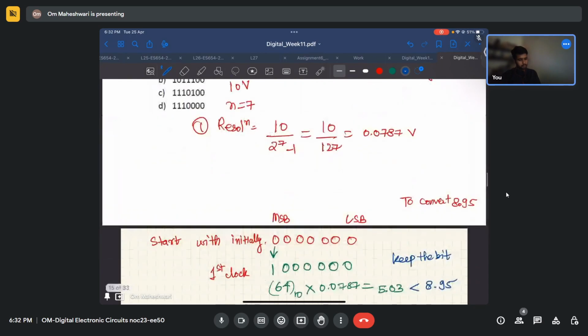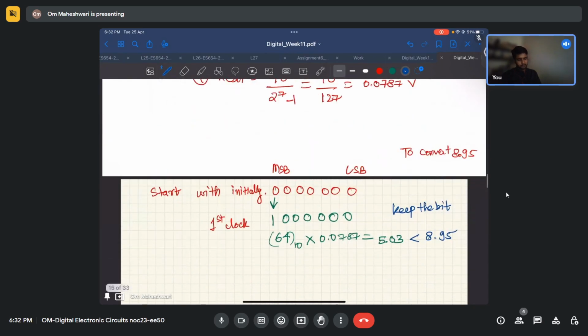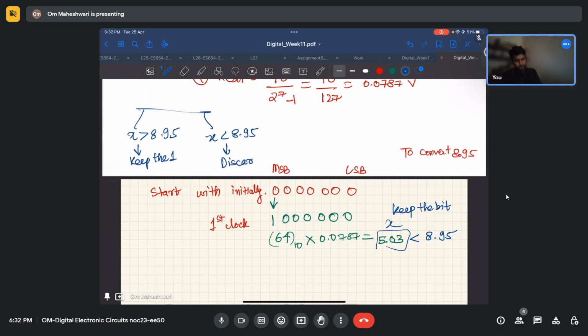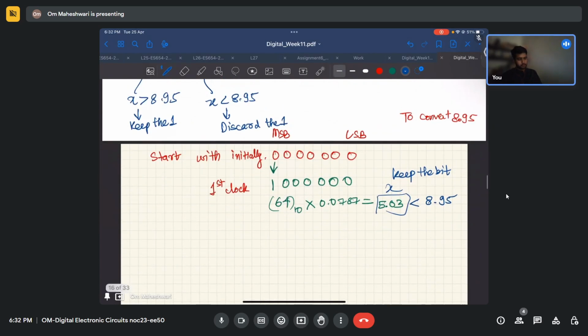What we will be doing here is we will have two options. After every substitution, if this is the number x, if x is greater than 8.95, discard the one; if x is less than 8.95, keep the one. This is the process that we will repeat. Since it is less than, sorry, wait a minute, opposite.